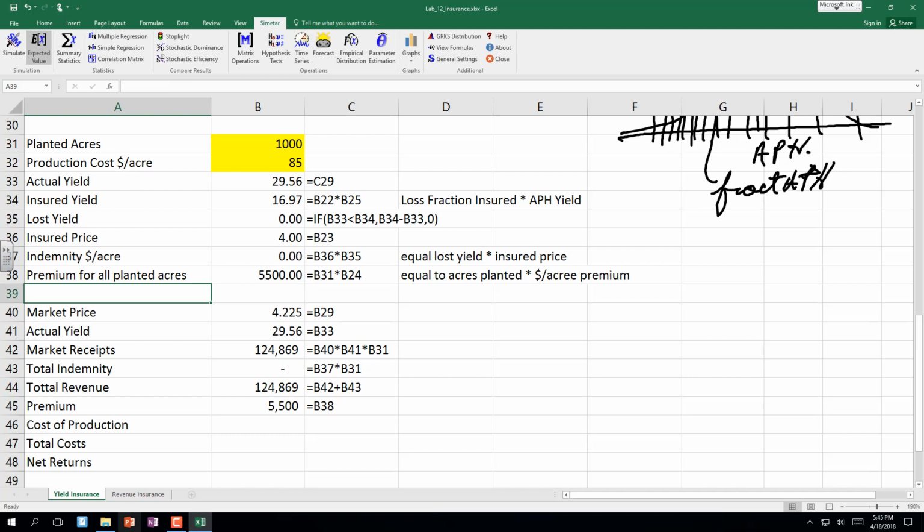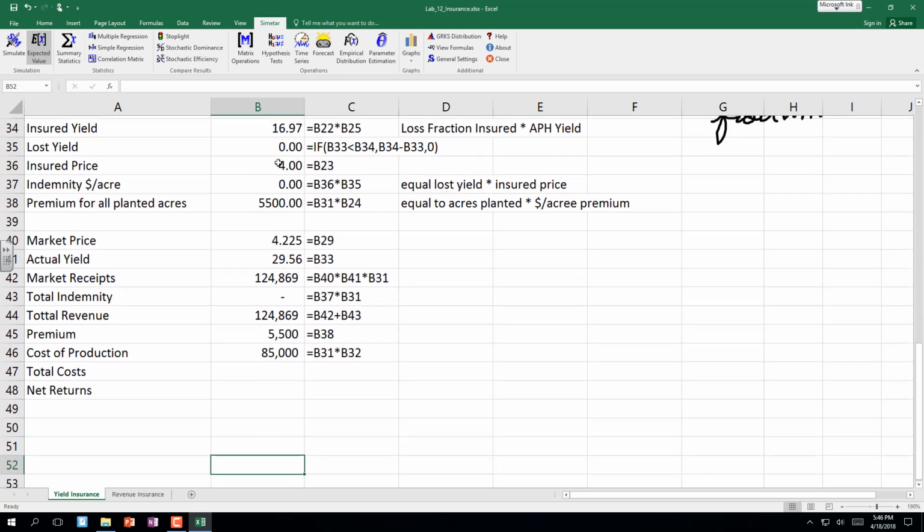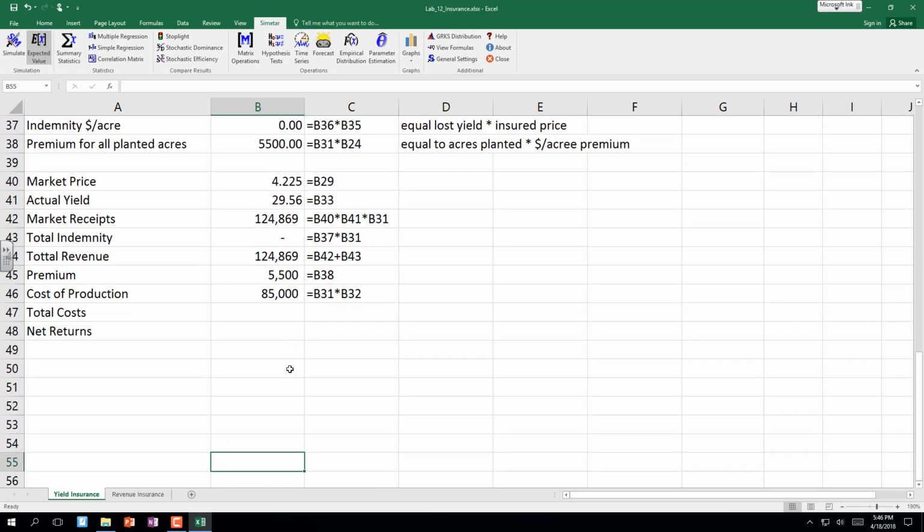So now it's correct. Our cost of production is going to equal that 1,000 acres times that production cost per acre. So we can sum total costs, and it's actually just the premium plus the cost of production.